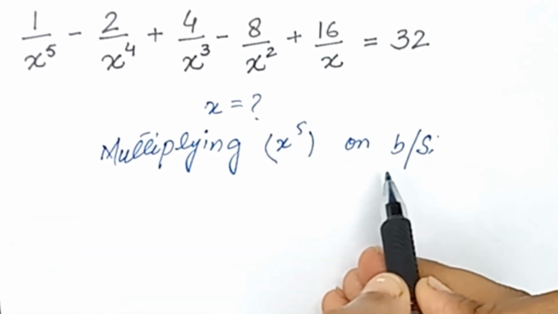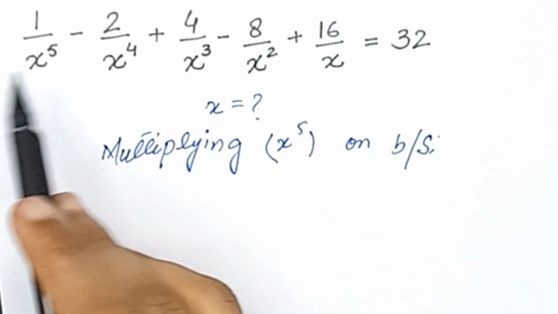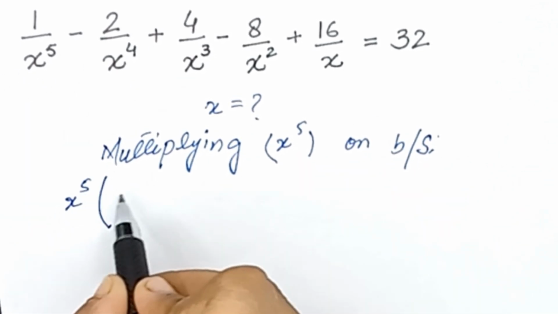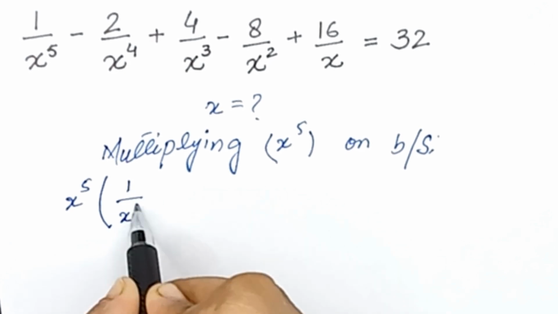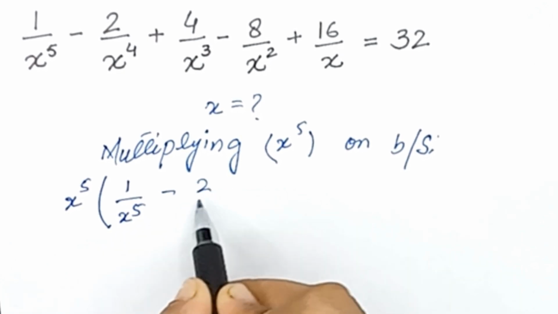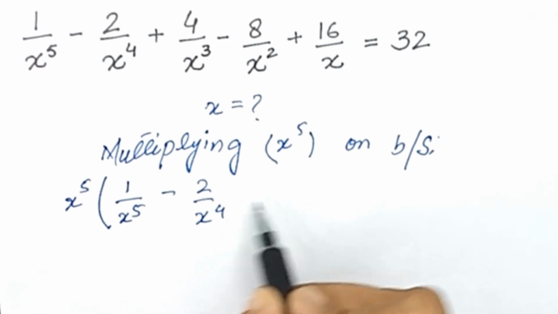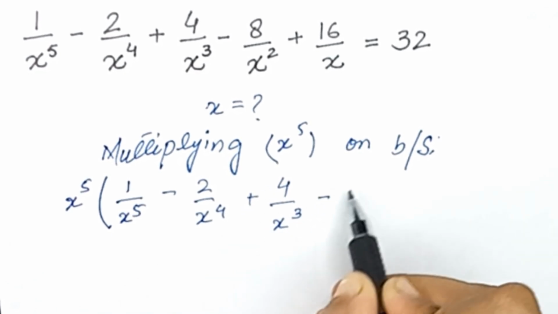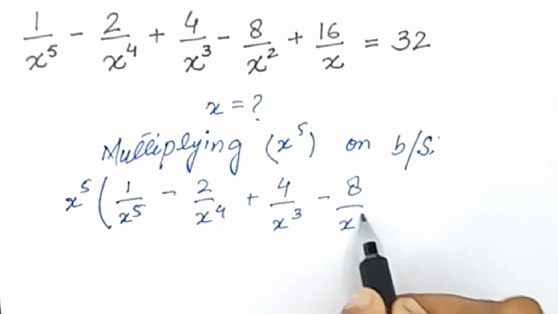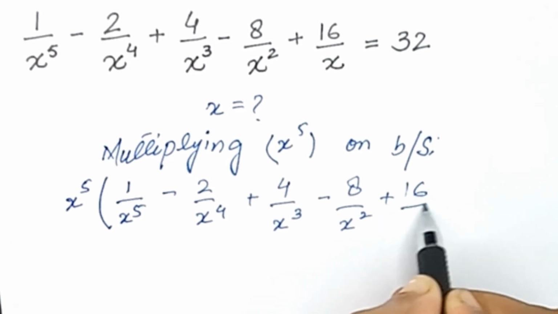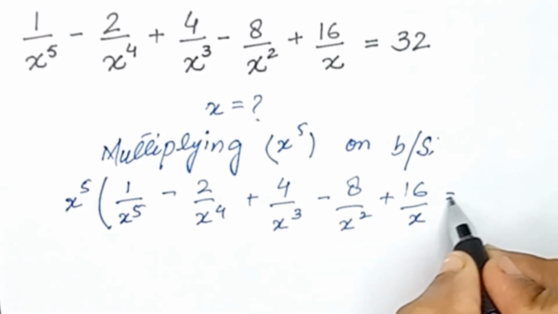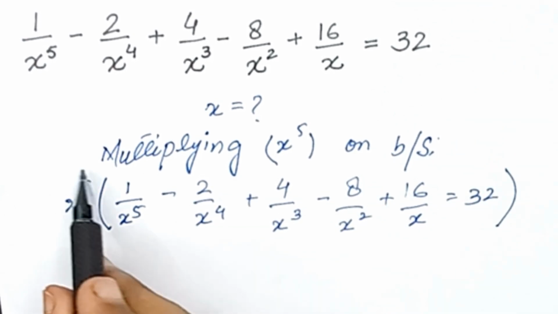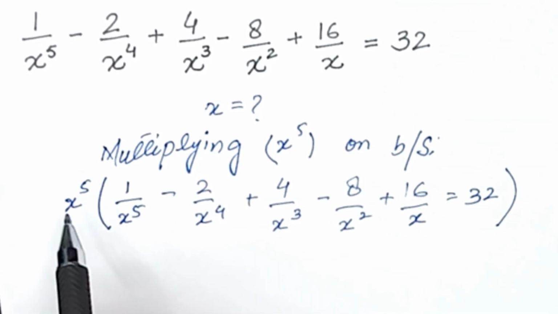Multiplying x raised to the power 5 on both sides, it will become x raised to the power 5 times (1 divided by x raised to the power 5 minus 2 divided by x raised to the power 4 plus 4 divided by x raised to the power 3 minus 8 divided by x raised to the power 2 plus 16 divided by x), and it is equal to 32.